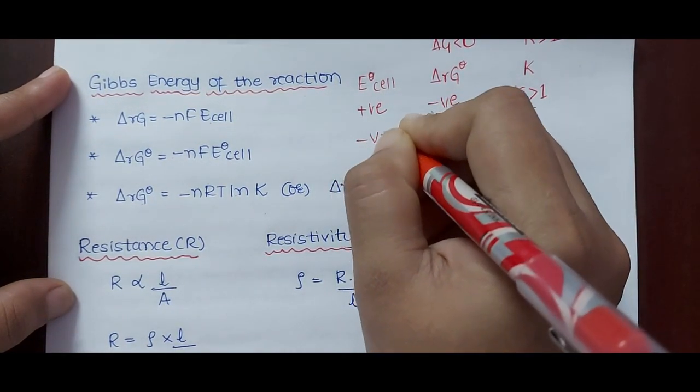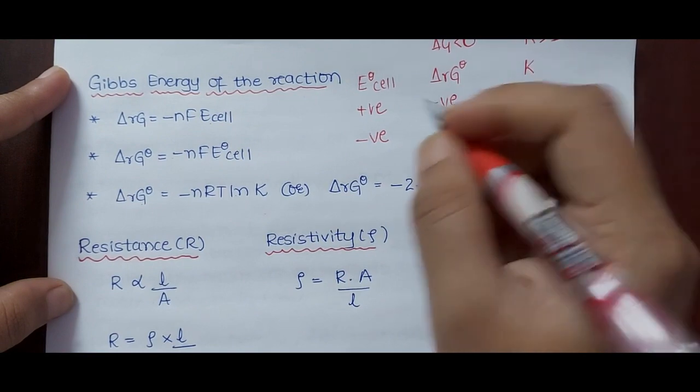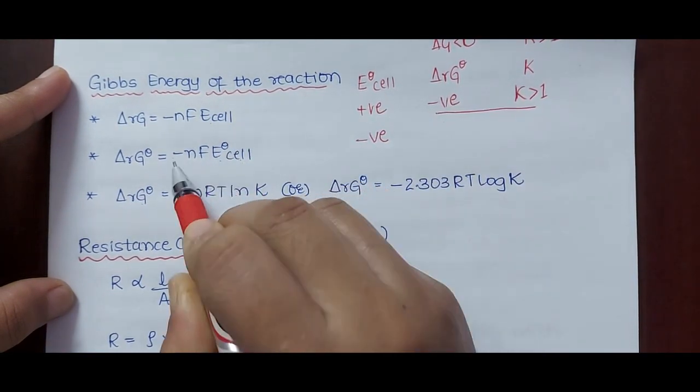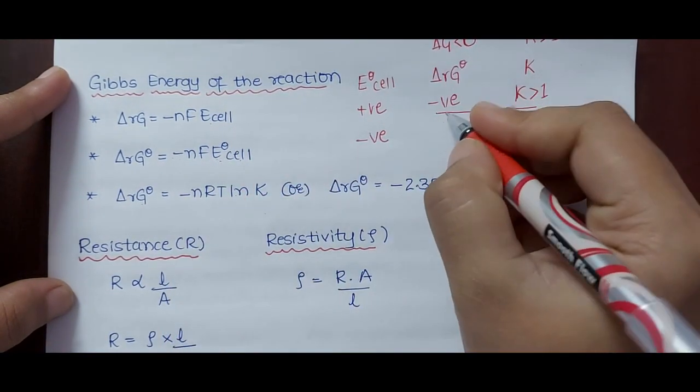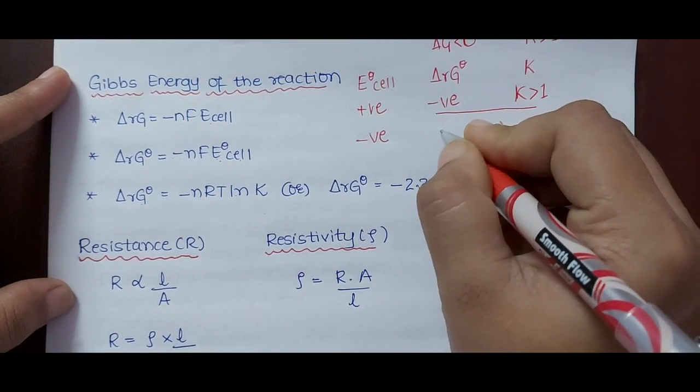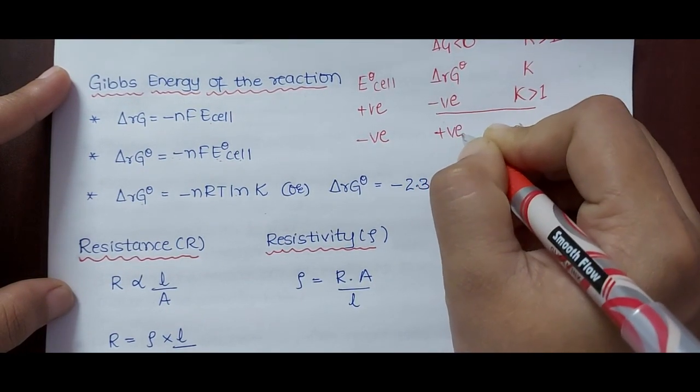Similarly, if your E naught cell is negative, minus into minus becomes plus, so delta rG naught becomes positive.